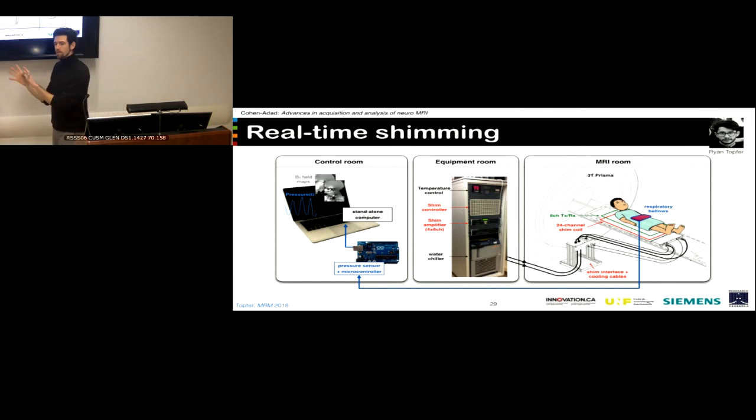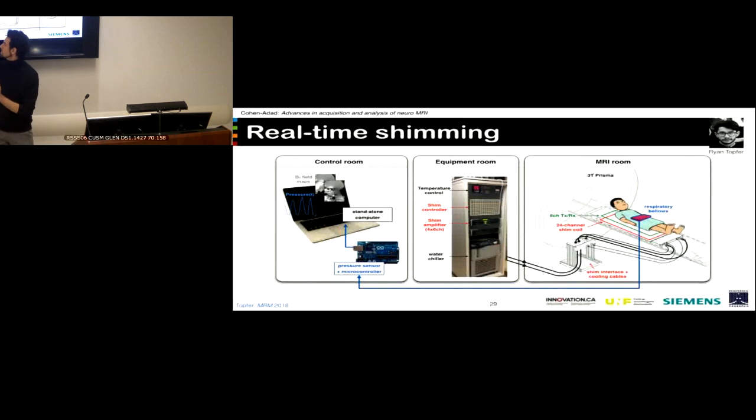And there is a training phase before doing the actual acquisition. The training phase consists of acquiring B0 field maps in the subjects at different phases of the respiratory cycle, because we know that the field is going to be different depending on where we are in the trace.